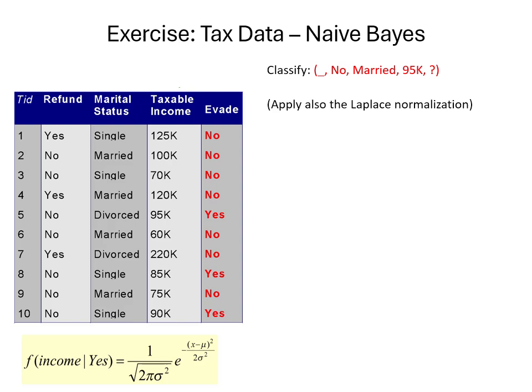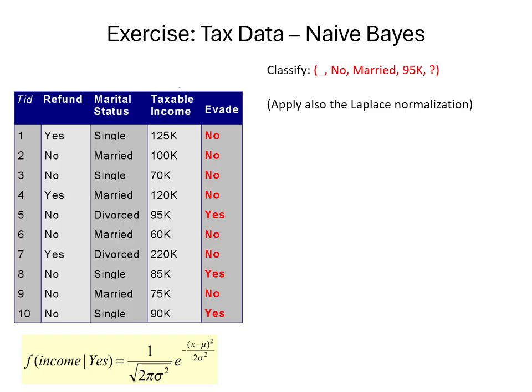The next example is an exercise where you can exercise everything you learned so far. We have here a combination of two categorical attributes and one numeric continuous attribute, such as taxable income. And we want to predict if the new person, who didn't get the refund, is married and has a taxable income of 95K, will evade taxes or will not evade taxes.